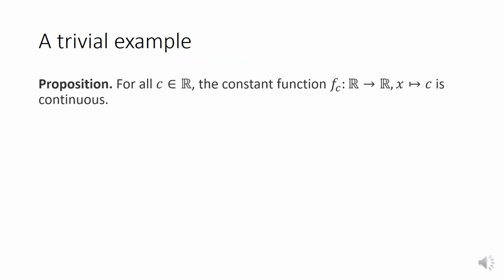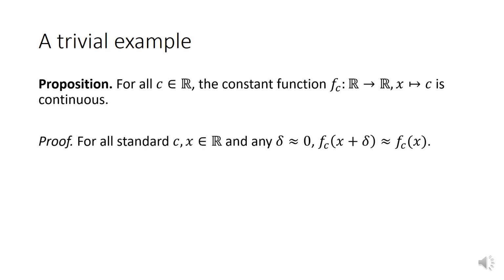A trivial example. For all real numbers c, the constant function that maps x to c is continuous. Intuitively, this is clear because there is no variation of the function value at all. But let's confirm the continuity of fc using our definition.